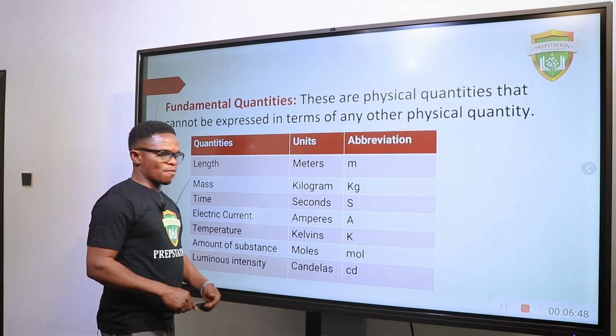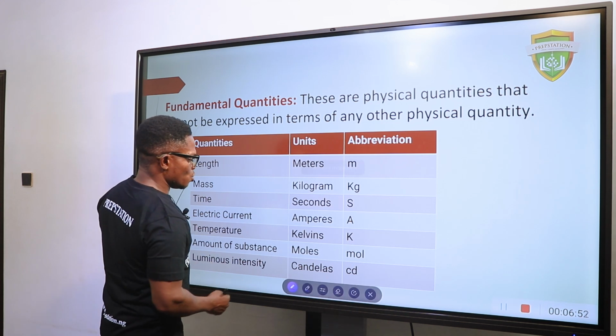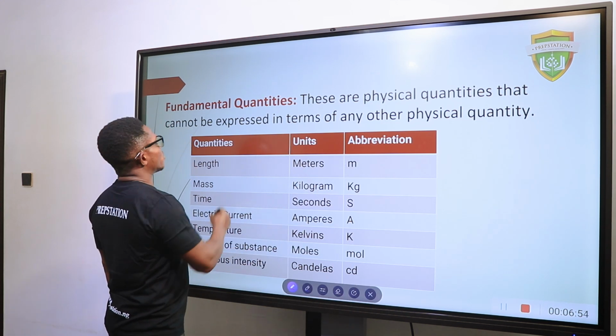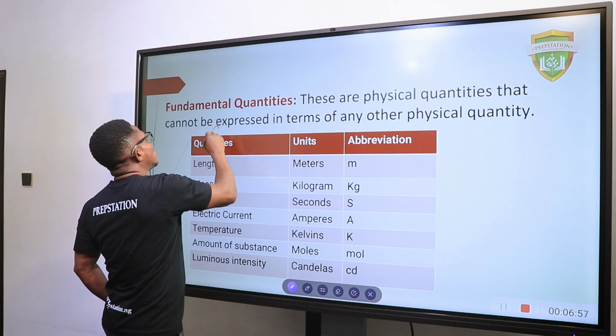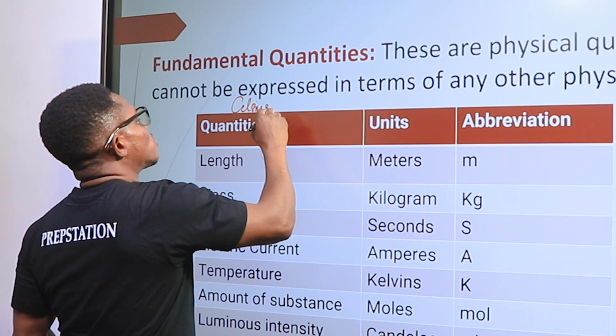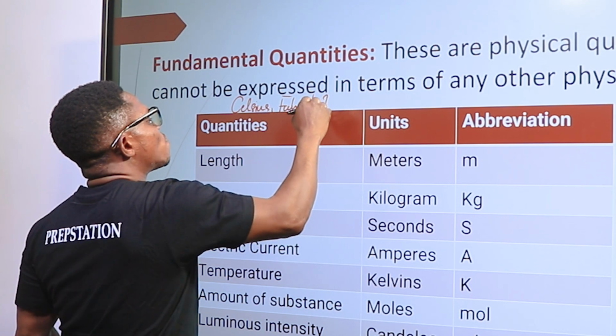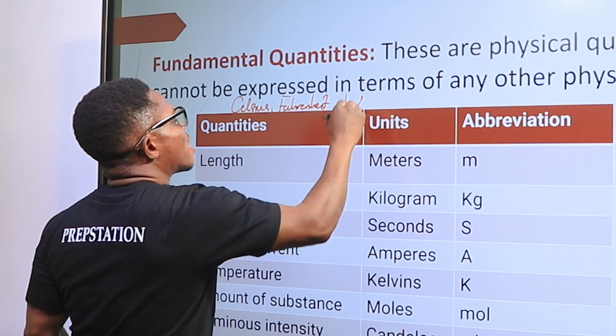Temperature is Kelvin. Of course, we have about 3 units used for temperature. We have the degree Celsius, the degree Fahrenheit, and then we have Kelvin.